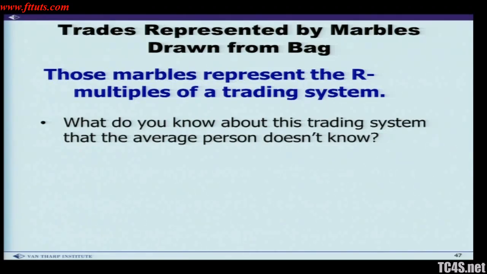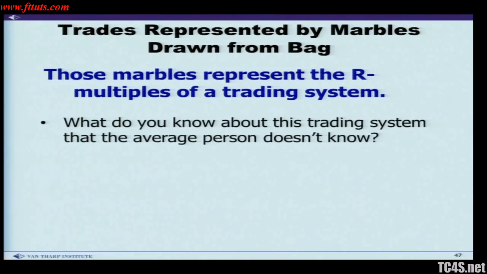Well, the other person might have a sample of R multiples and know their expectancy. But you know all the possible outcomes. You know the population. I've told you everything that's in the bag. You know the whole thing.